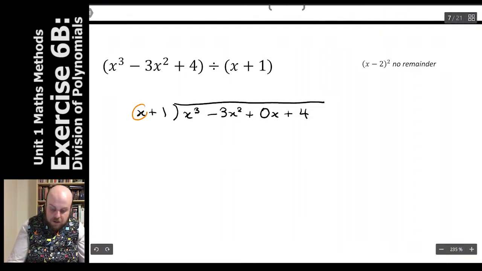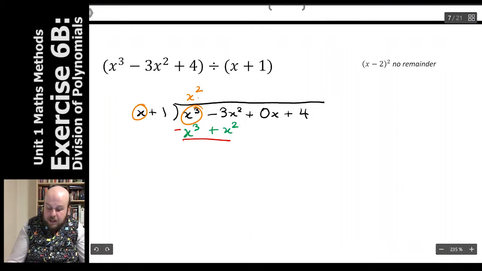So first thing we're going to do is divide accordingly. x cubed divided by x is going to make x squared. Multiply that through: x cubed, positive x squared, because x squared times 1 is positive x squared. x cubed take away x cubed is 0.